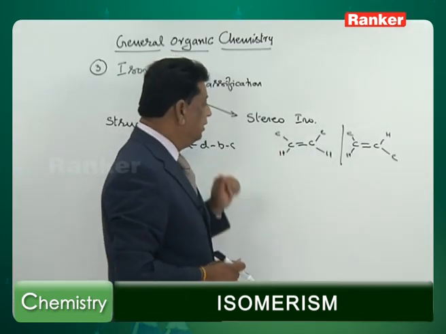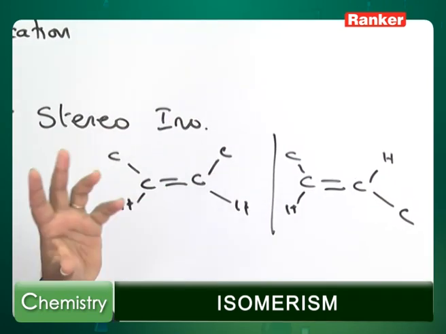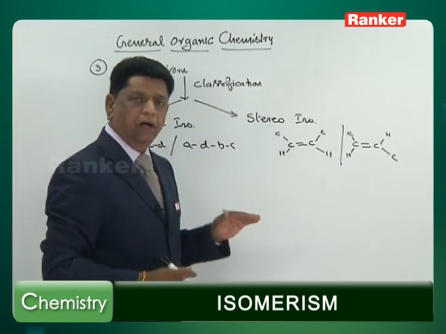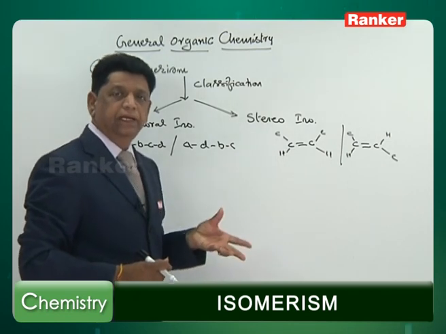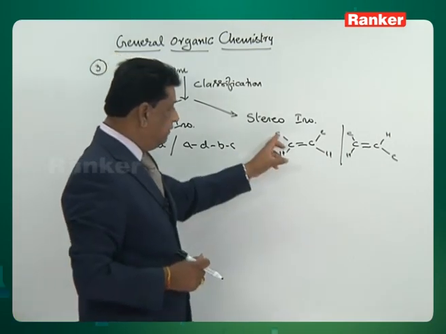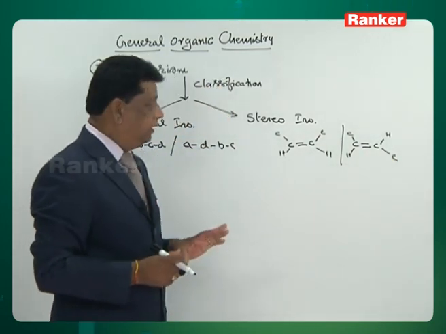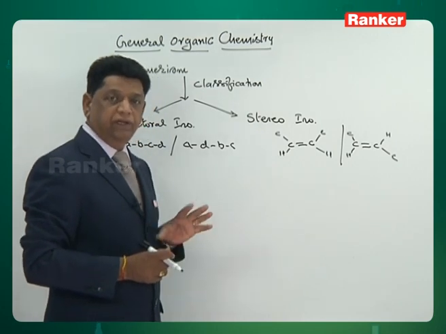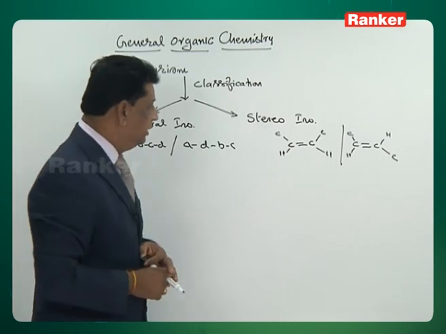So, what exactly is the difference? The arrangement of groups in space in a three-dimensional way. The order is same, but the arrangement of groups with reference to the spatial arrangement is different. Such a type of isomerism is called stereo isomerism.